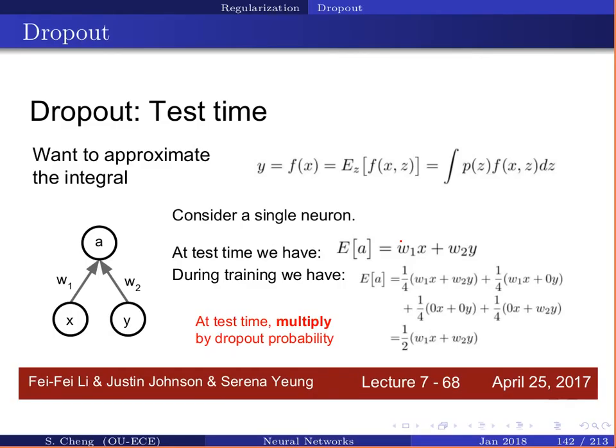Therefore, what we should do is not scale up, but scale it down. We should really multiply by the dropout probability during testing time.